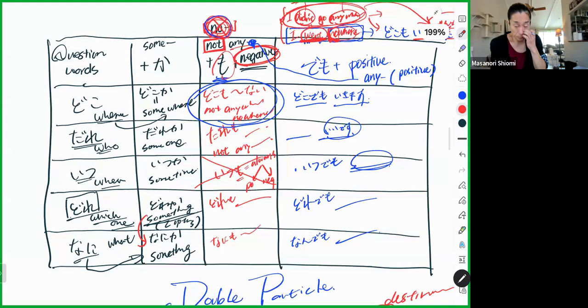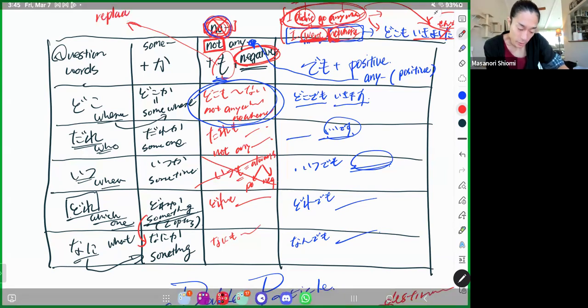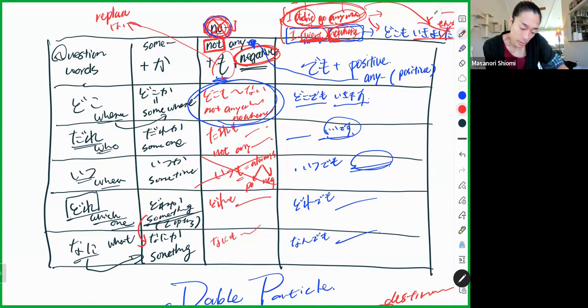This mo can replace the main particles, which are wa, ga, o. But all the other particles, ni, de, no, those stuff, mo is added. Again, mo has to be the last one.